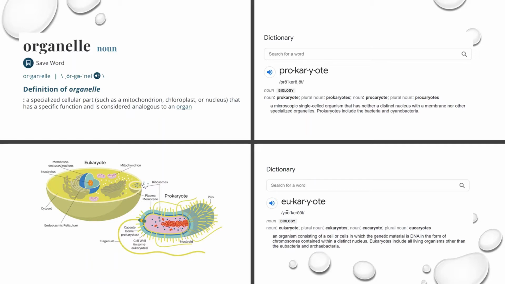Just about all plant and animal life is eukaryotes. Prokaryotes are mainly certain kinds of bacteria and cyanobacteria. As we can see in the prokaryote definition, it does not have a distinct nucleus with a membrane or other specialized organelles, whereas the eukaryote does.